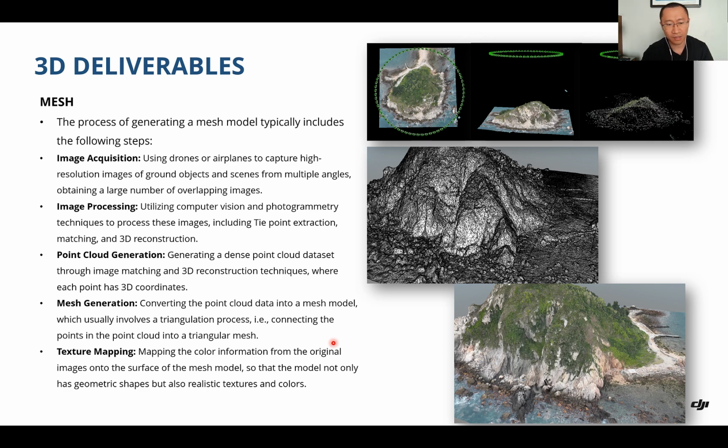The last part is texture mapping, mapping the color information from the original images onto the surface of the mesh model, so the model not only has geometric shapes, but also realistic texture and colors.